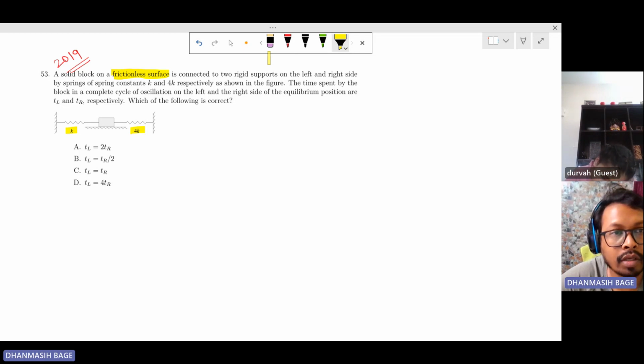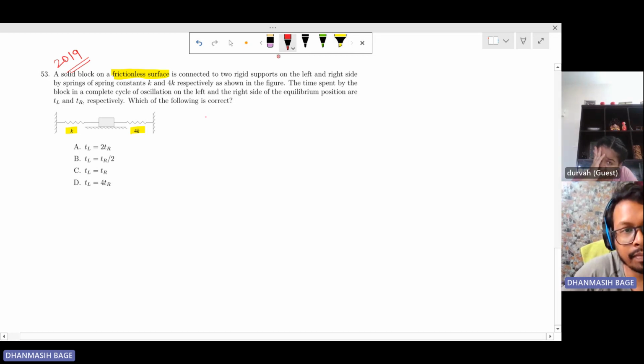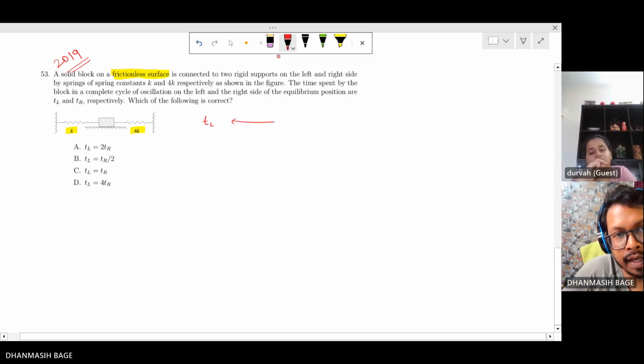Time spent by the block in a complete cycle of oscillation on the left and the right side. What does it mean? What does TL mean? TL means it will go to the left and then it will again come back to the same position.